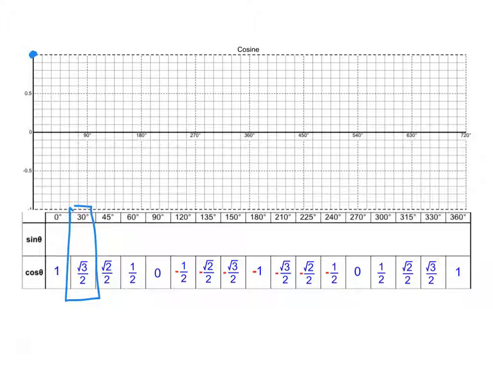Do the square root of 3, divide it by 2, and it gives you a value of about 0.87. Looking ahead, we're going to need that for root 2 over 2 as well. So let's make note of those two values right now so that we have those going forward. Root 2 over 2 equals about 0.71.